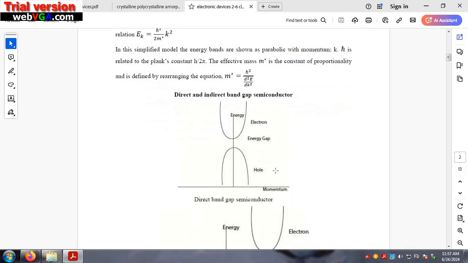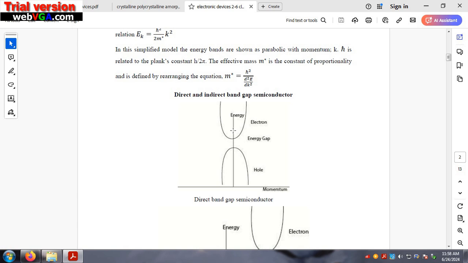Now if we consider the direct and indirect band gap semiconductor materials, what do we find? The maximum of the valence band and the minimum of the conduction band are, in terms of momentum, in the same line. That means if the electrons are moving from the valence band to the conduction band, only the energy level changes, with no change of momentum.